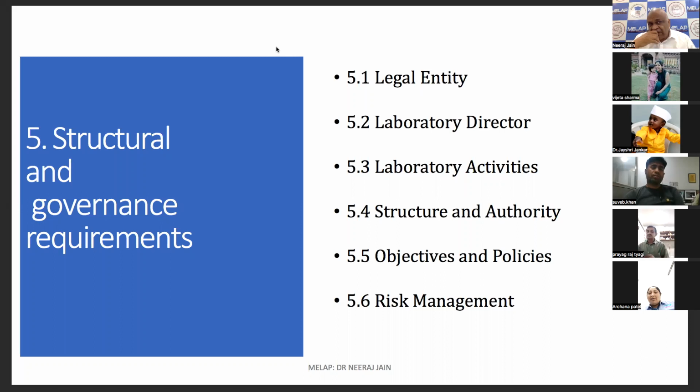No, where is it? 8.8.3.1. They have mentioned the clause number 8. Some of you can check from the standard and mention in the chat box if you have a copy ready with you.